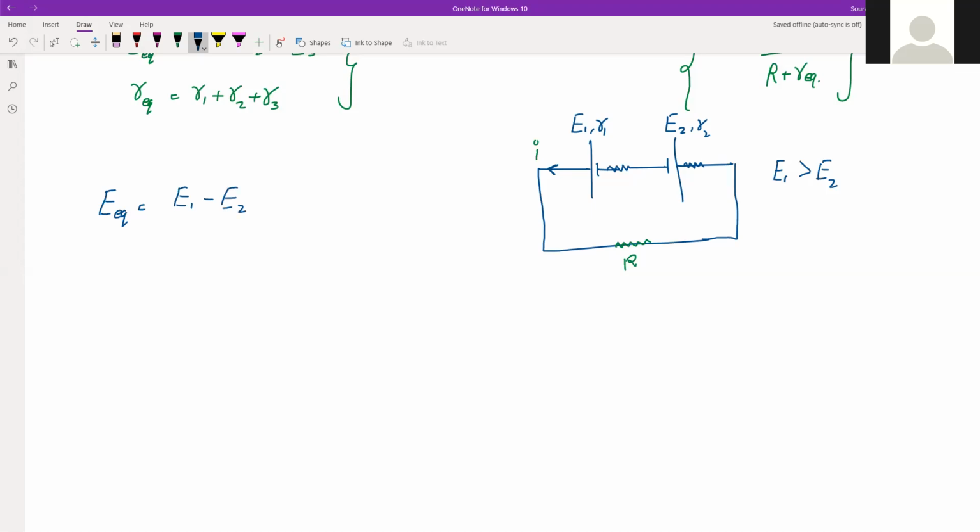The R equivalent, because it is in series, doesn't matter. That will still be R1 plus R2.